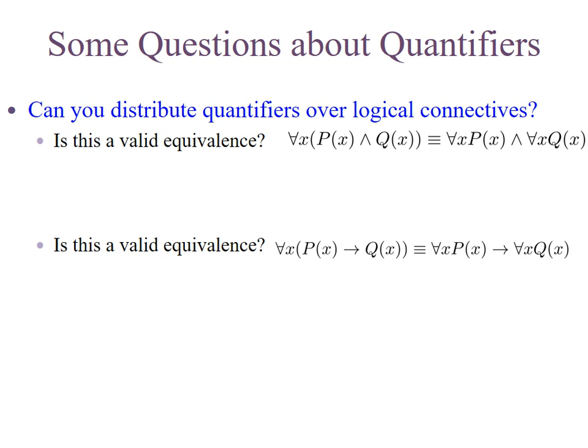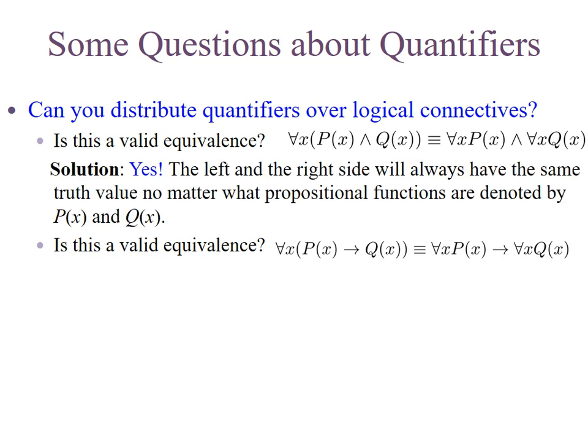Right? Because you can extend every element. The first element has the property p of x and q of x. The second element has p of x and q of x. That means every element you can extend has the property of p of x, and it also has the property of q of x. So they are two equivalent forms.